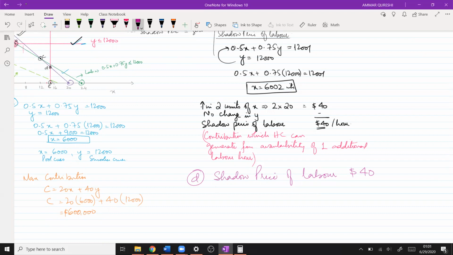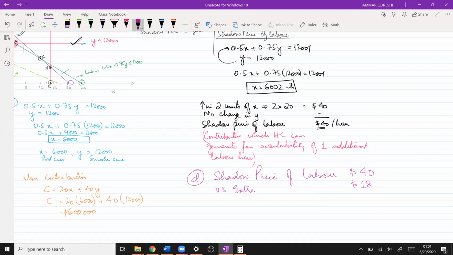Now, they are asking you to pay them double overtime. Double overtime means what is the extra amount? Extra amount is the overtime premium. What extra are they asking? They are asking extra to be $18. Total payment will be 36. But out of 36, 18 is the normal amount.